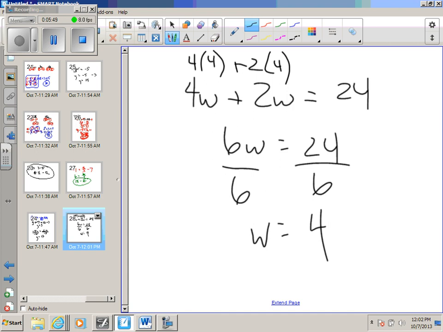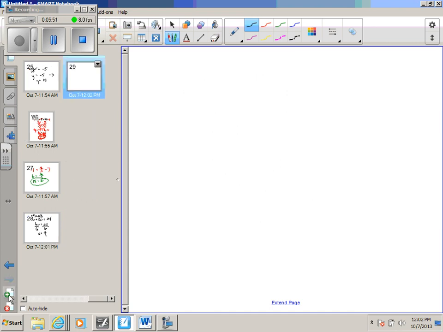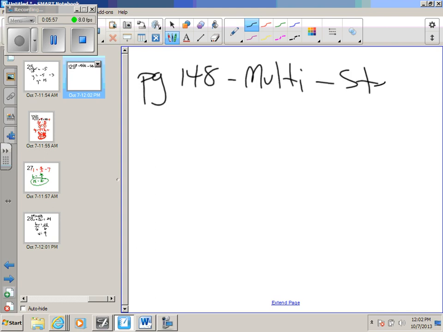Now we're getting to the meat. Multi-step. Not one step, not two step, multi-step.